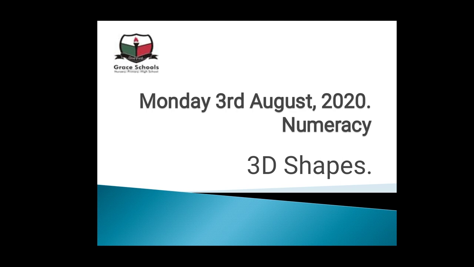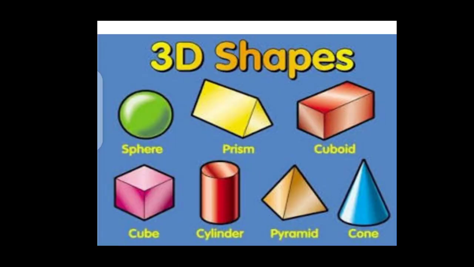Today, we'll be learning about 3D shapes. And why are they called 3D shapes? They are called 3D shapes because they are three-dimensional and because they are also called solid shapes.